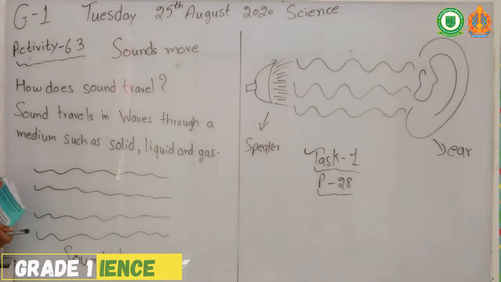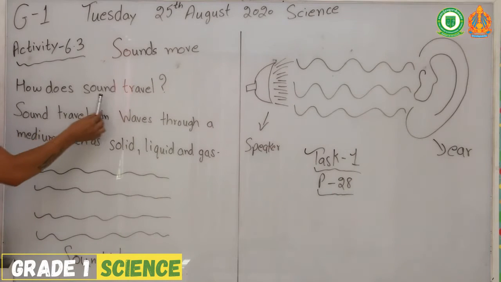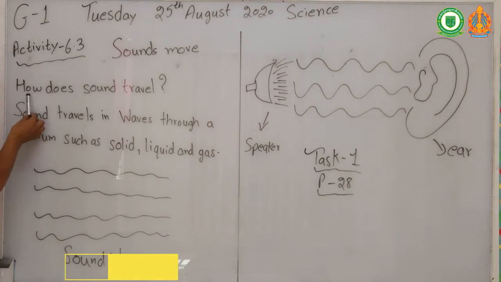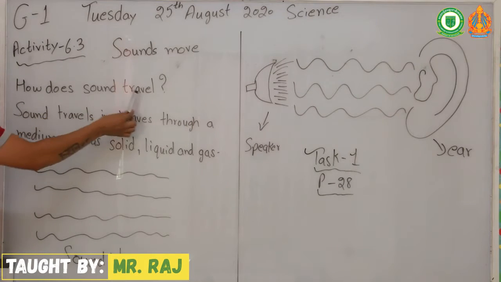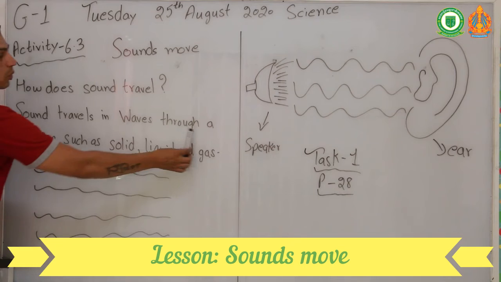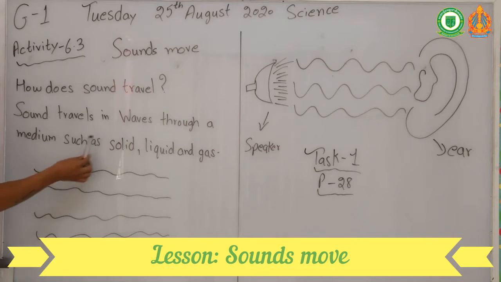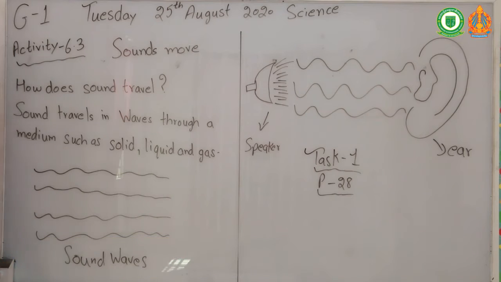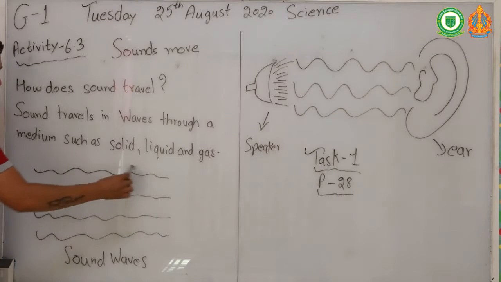Sounds move. So how does sound travel? Sound travels in waves through a medium such as solid, liquid and gas. Sound waves look like this.